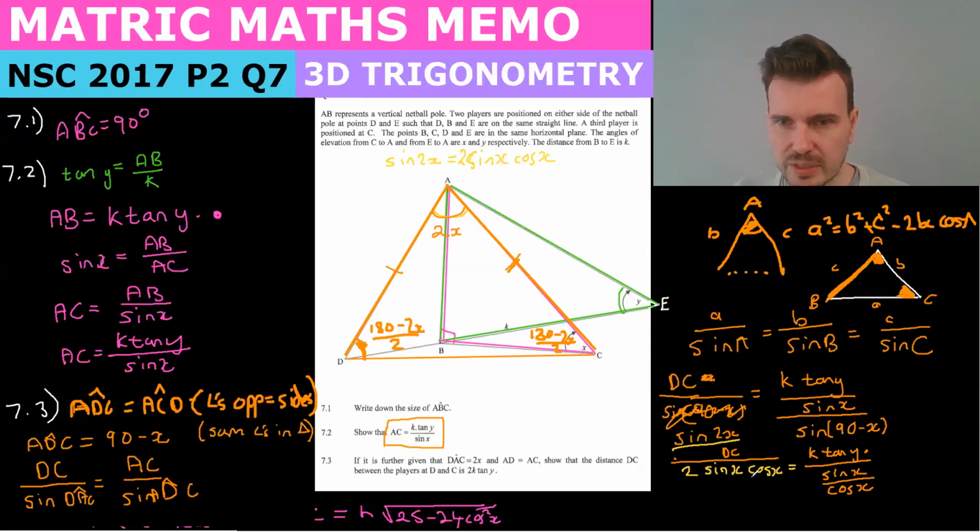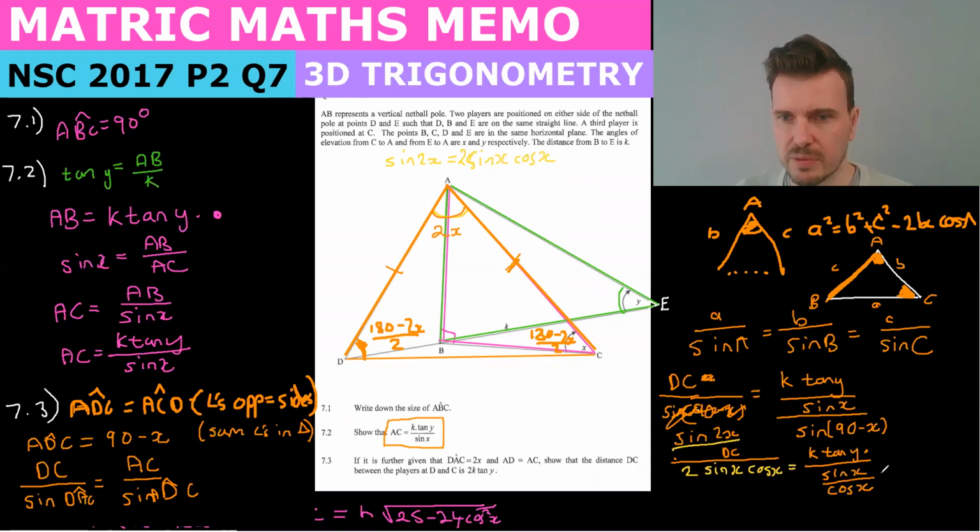We're going to take the sine x to the top. So this k tan y over sine x, this sine x can go to the bottom.